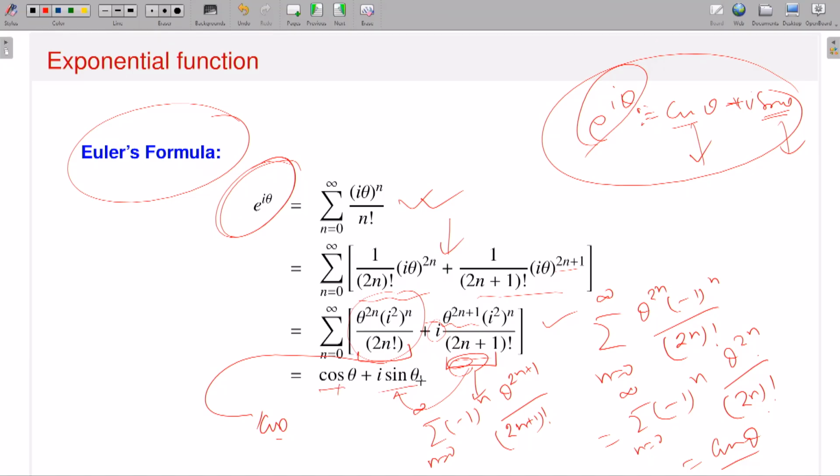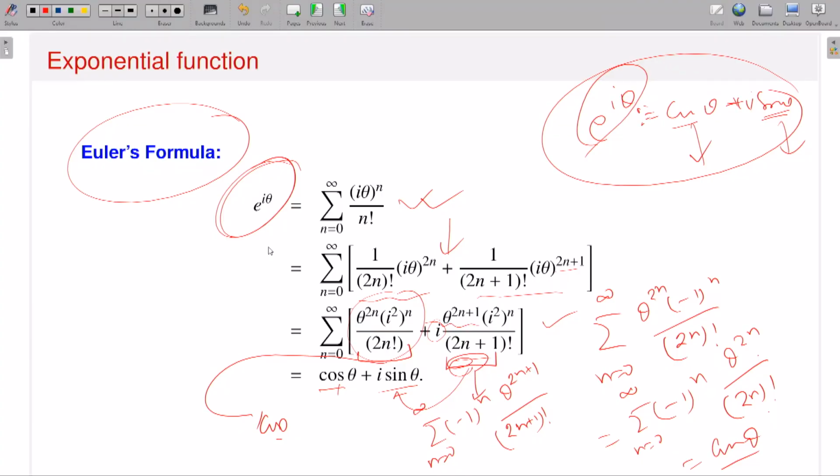Earlier I assumed it to define e to the i theta like that. Now I have the notion of power series, and I know the series expansion of e to the power z, and it implies the corresponding series expansions of sine and cosine. Once I have the series expansions, I can easily verify Euler's formula.